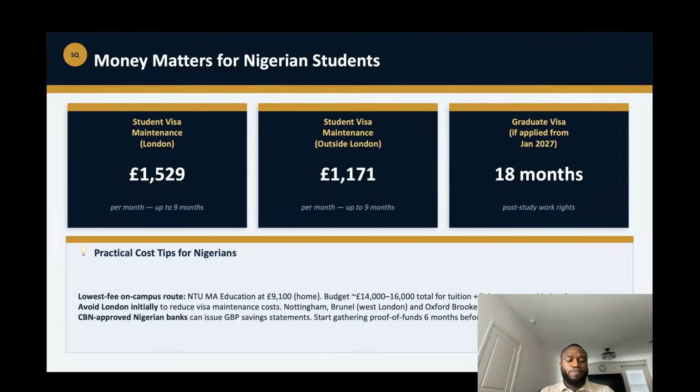For example, if we tell you the tuition fee for a school is £16,000, you can go to Google, search for that school, go to the school's website and verify for yourself. Any information that you get that cannot be independently verified, you have to be very wary of, and do not take any action without verifying that information.